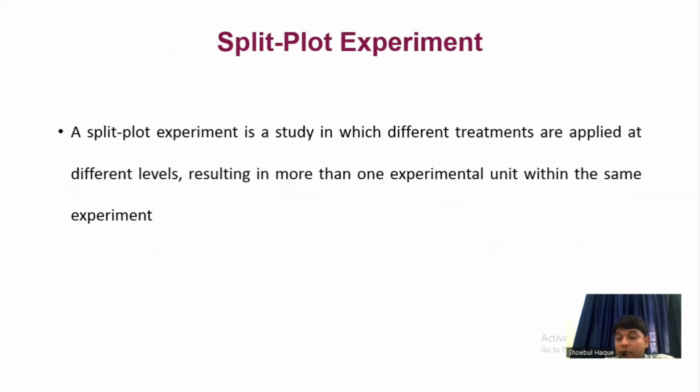And sometimes the scenario is different. In a single experiment we have to calculate different units, like in split plot experiments, in which different treatments are applied at different levels, and we find more than one experimental unit within the same experiment. Let's take an example.